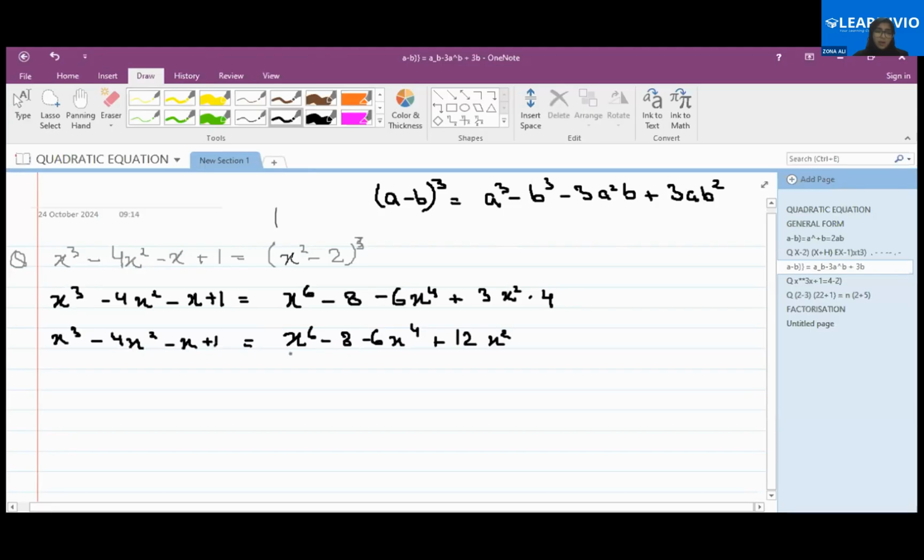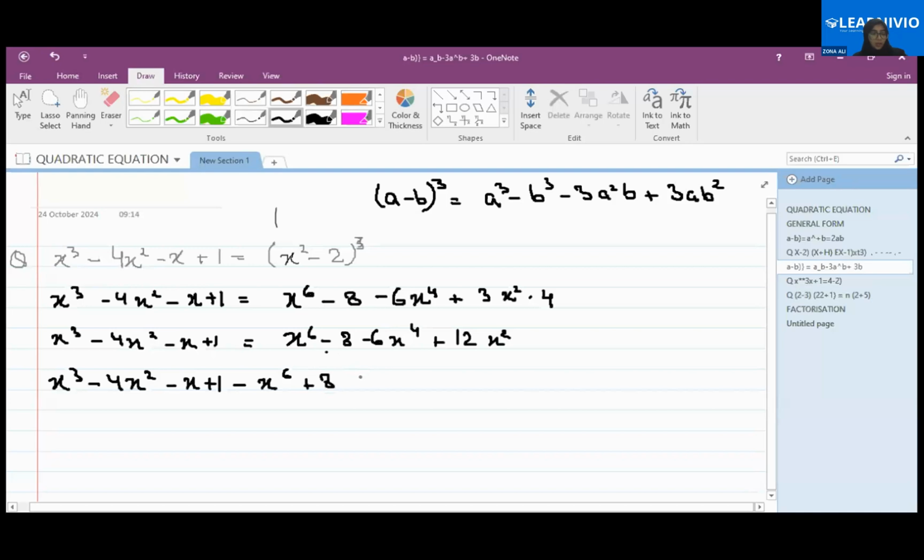Okay, now taking all these values to the left side, this will be x cube minus 4x square minus x plus 1. This will become minus x cube, minus x to the power 6, minus 8, when it goes to the left side will be, Ayan, if I take minus 8 to the left side, it will be positive 8.